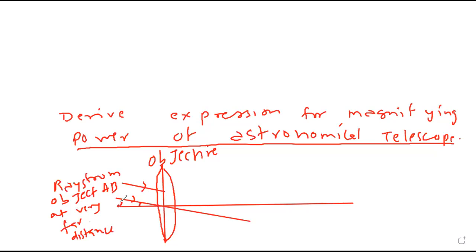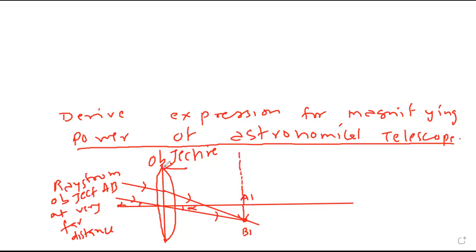This makes angle alpha, so here also the angle will be alpha. After passing through the lens, they will meet at a point which is not the focus but in the focal plane. I am calling this image A1B1, meeting at the focal plane.